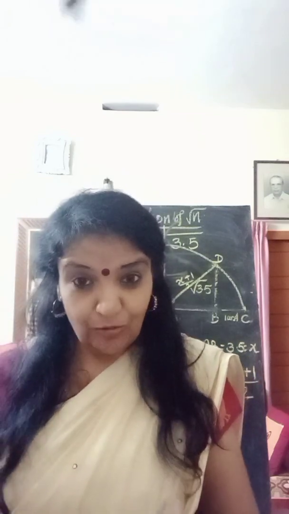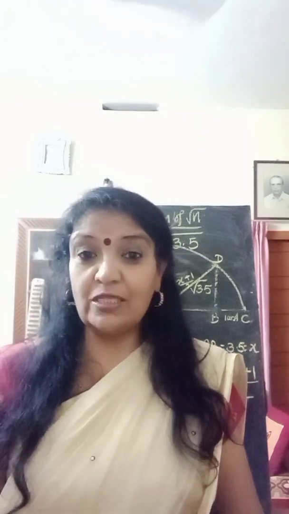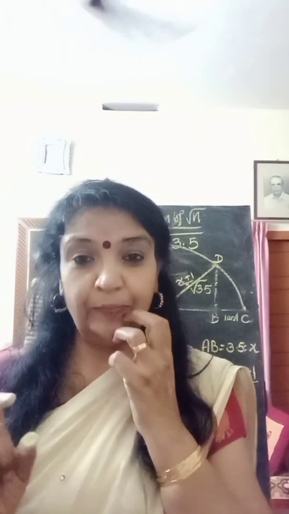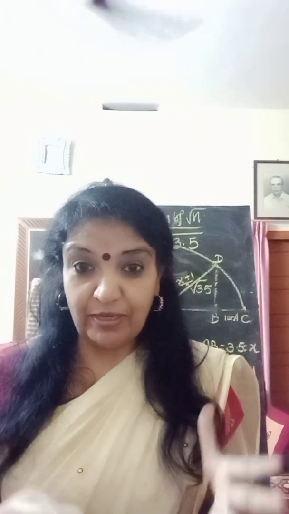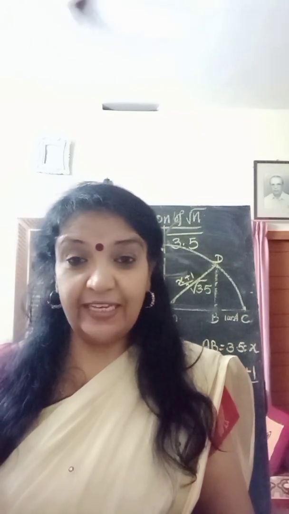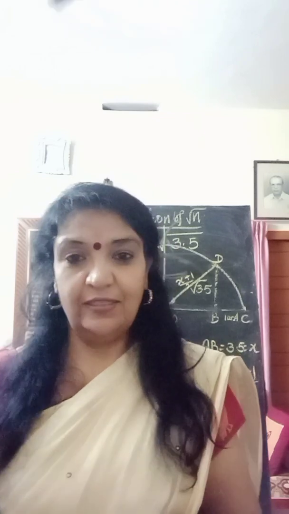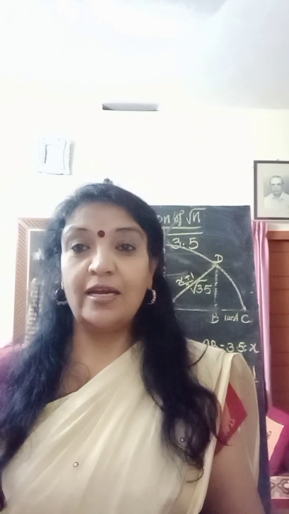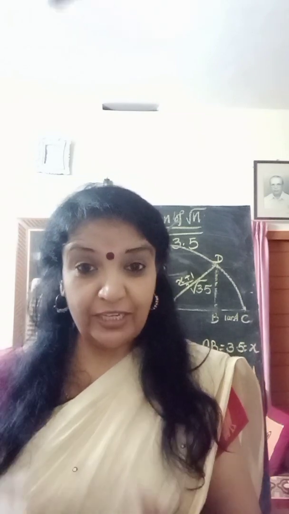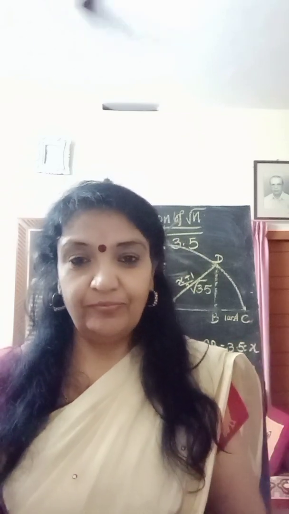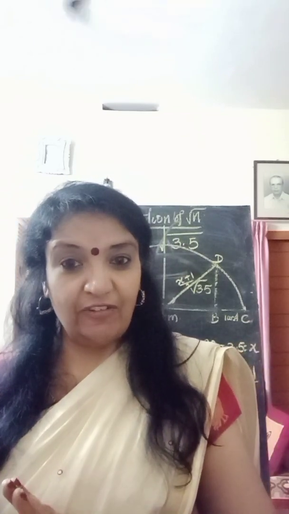Once again, I am going to tell the method. First, draw the given length in your notebook. Suppose that line segment is AB. Then extend that line by taking 1 unit. Now take the new line segment and construct its midpoint by using perpendicular bisector. Take more than half the length of the given line segment.